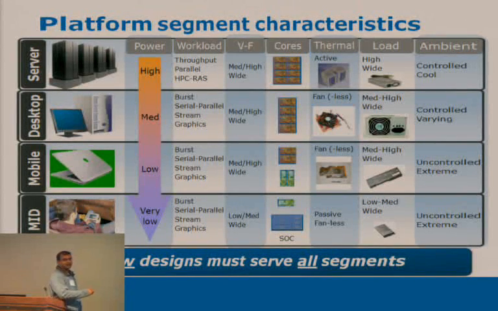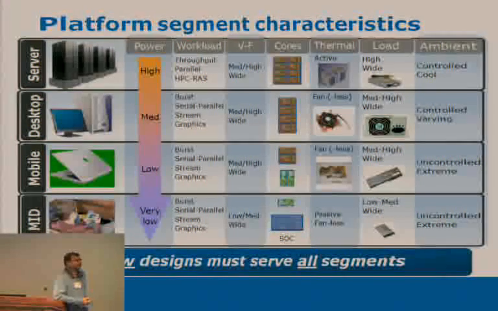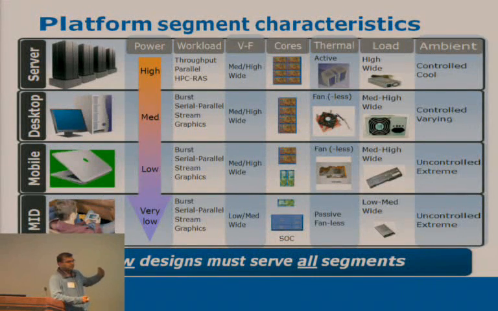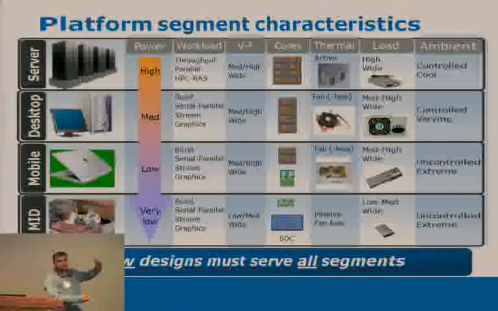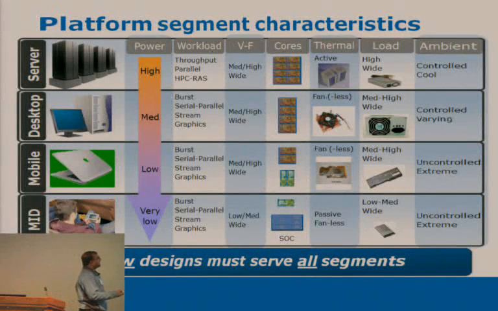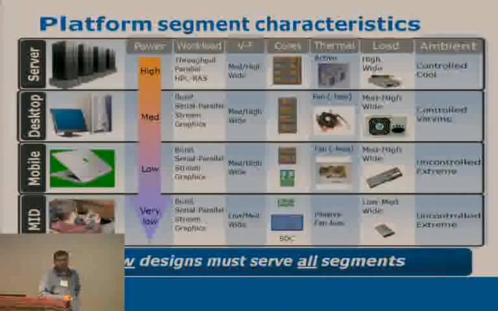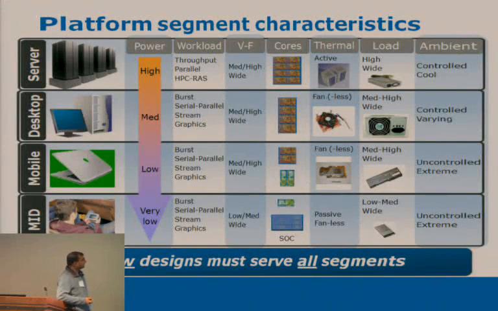On the other end, we have handheld devices, which are a few hundred milliwatts, and we need to have as few designs as possible to span this entire power range, the entire platform cooling range, all the way from active cooling to passive fanless cooling, the voltage power delivery range, which is wide within a segment itself, and the ambient operating conditions, which can vary from very controlled ambient to extreme conditions.